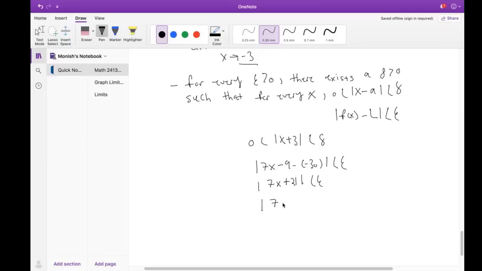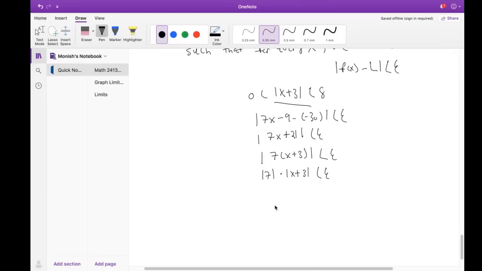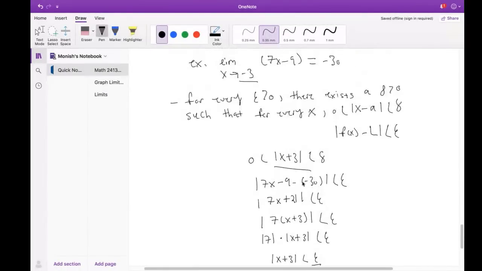And then make sure you factor out the absolute value. So you can take out a 7. We're going to be left with the absolute value of x plus 3, which is less than epsilon. And then go ahead and divide over the 7 so that you just have the x plus 3 left, so that you can get it to match what you have for delta.